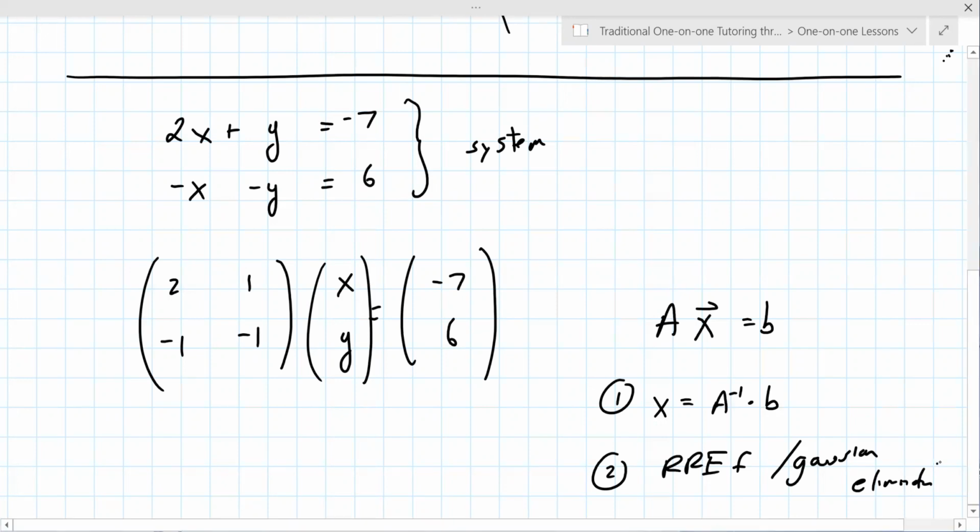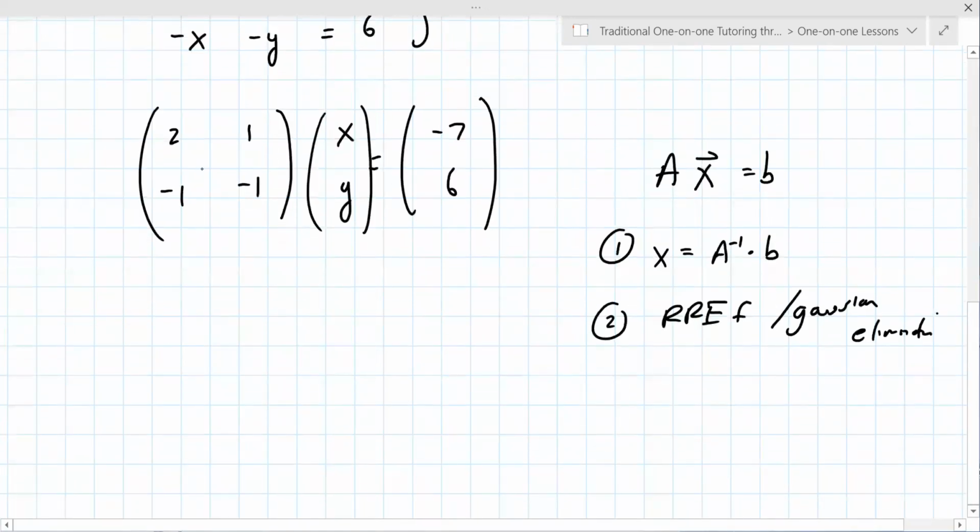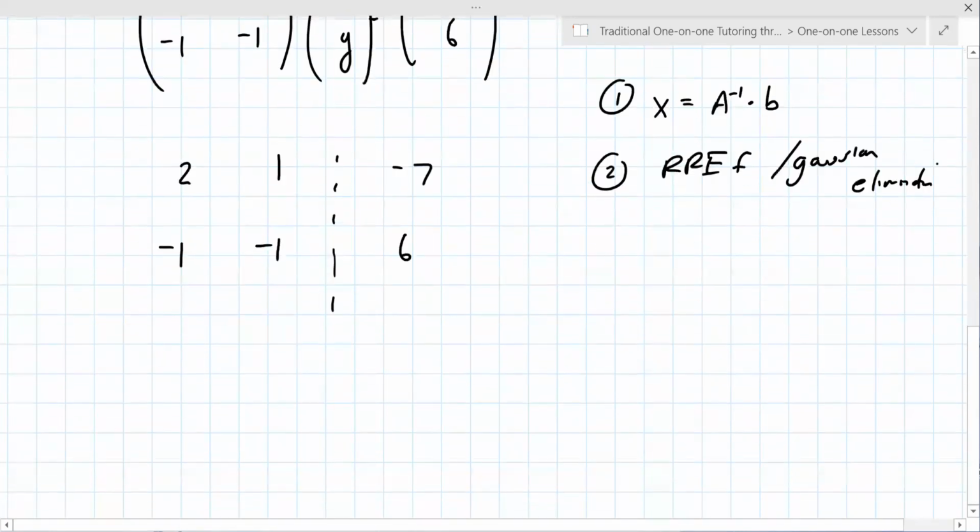Okay. So for option two, we would actually not write it quite like this. We'd write what's called the augmented matrix first, which is [2, 1, -7; -1, -1, 6]. This is considered the augmented matrix here, so it's the coefficients, then the right-hand side.